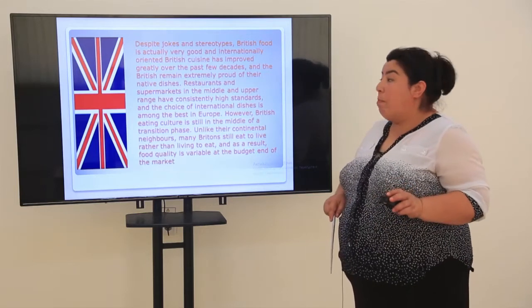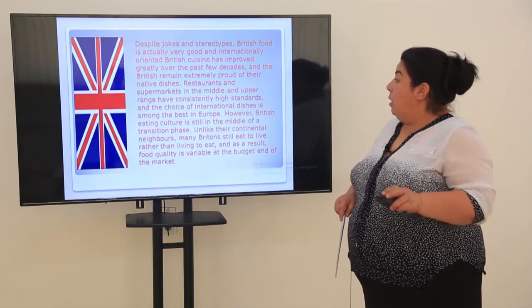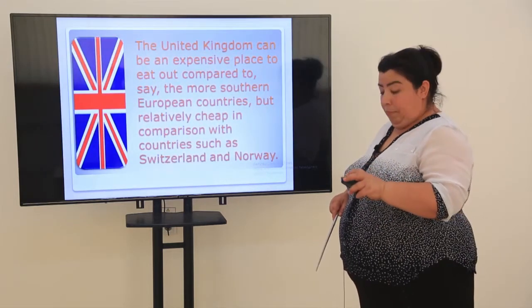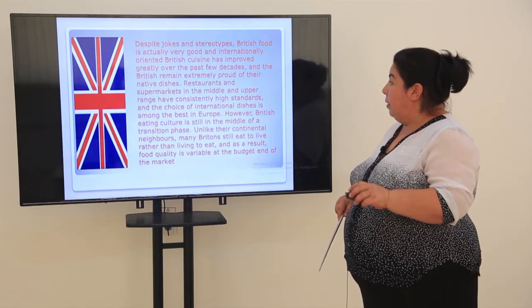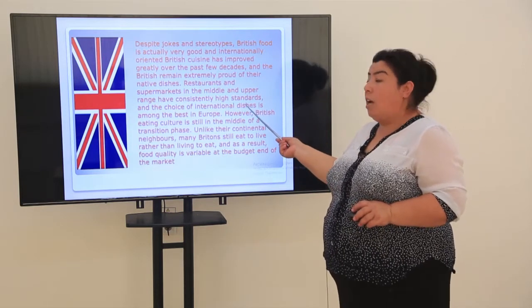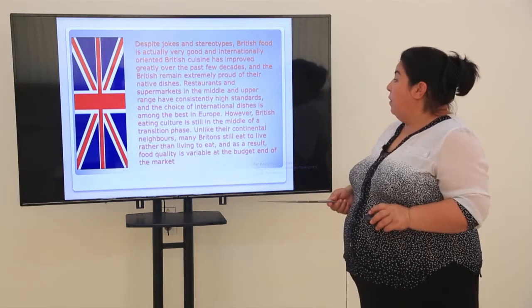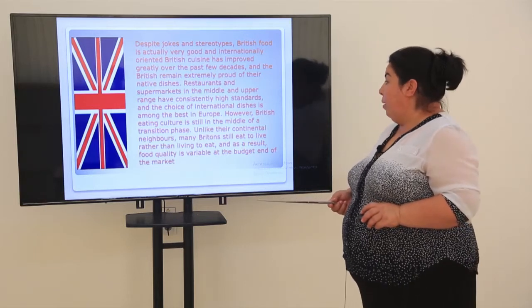Restaurants and supermarkets in the middle and upper range have consistently high standards, and the choice of international dishes is among the best in Europe.